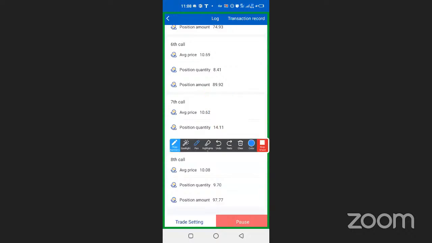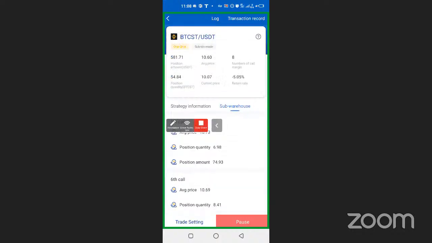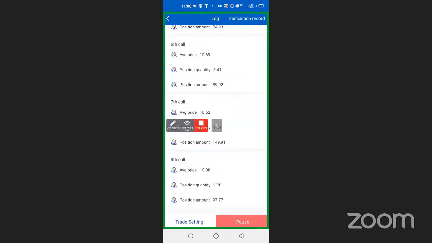It has the position quantity 9.7 at an average price of 10.08, which means that once this coin gets to 10.10, I'm already in floating profit for this particular purchase it has done.